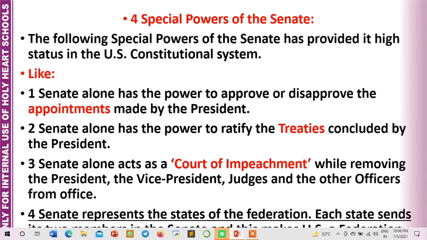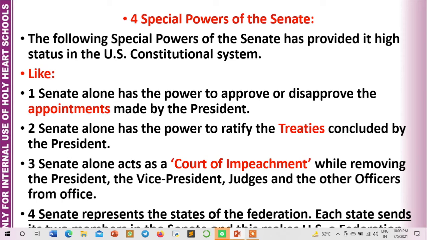The next point which makes the Senate a very powerful house is the special powers of the Senate. The following special powers have provided it high status in the US constitutional system. The Senate alone has the power to approve or disapprove the appointments made by the President.